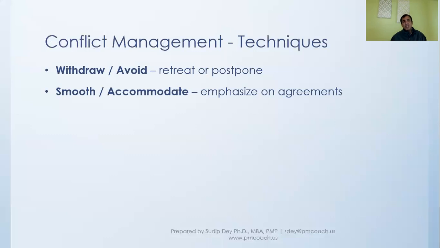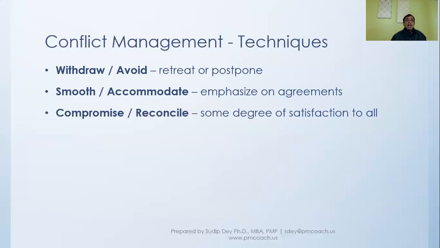Then the next one is called smooth or accommodate. This is when the emphasis really is on agreements, and the idea is to bring the two teams or the two parties together in some kind of agreement. Then there is something called compromise or reconcile. This is when there is an intense conflict and there are different sides.